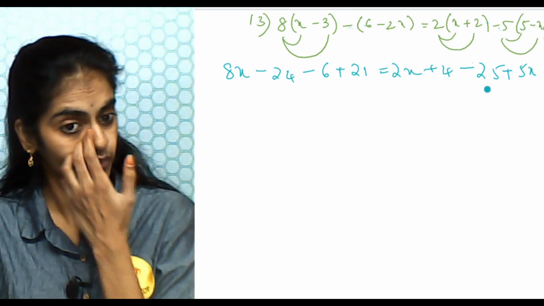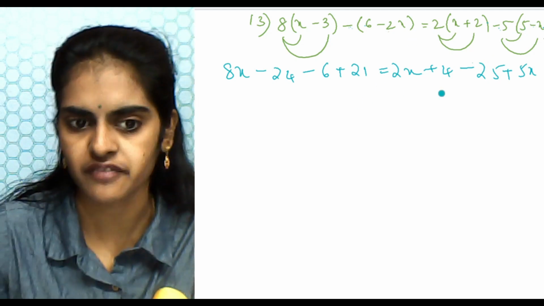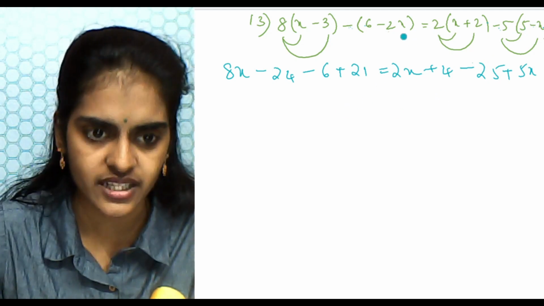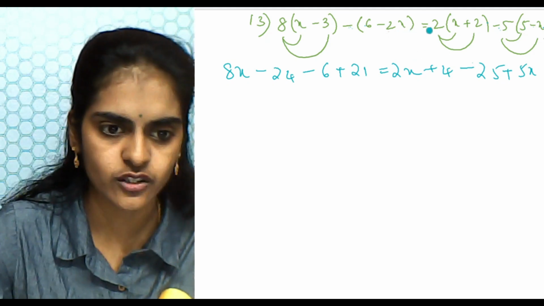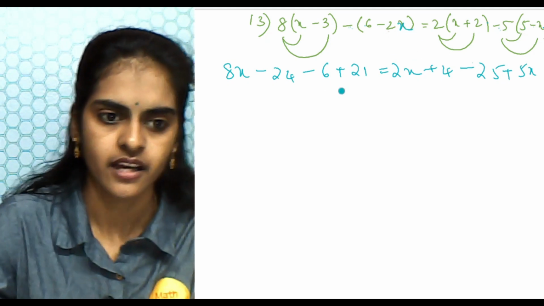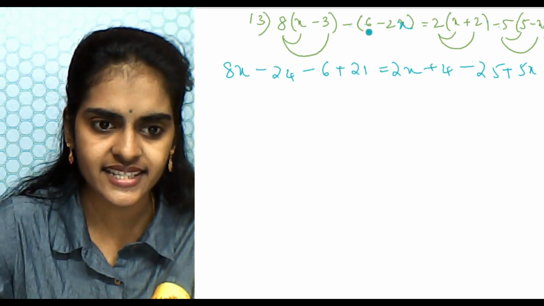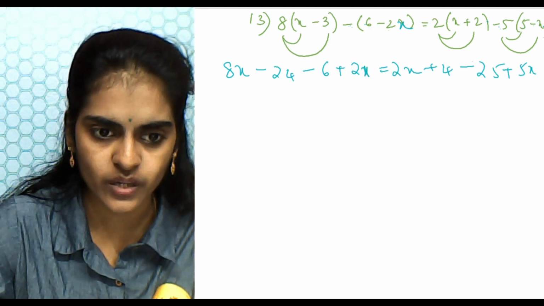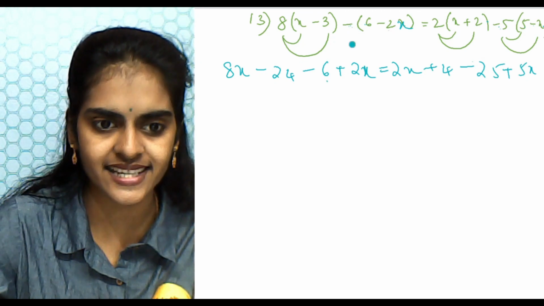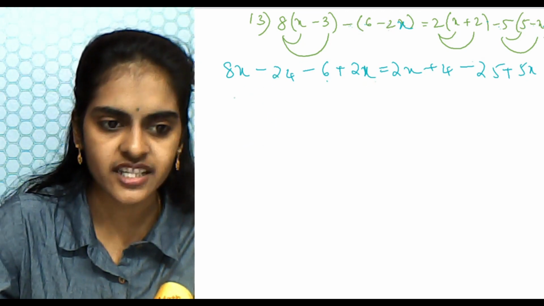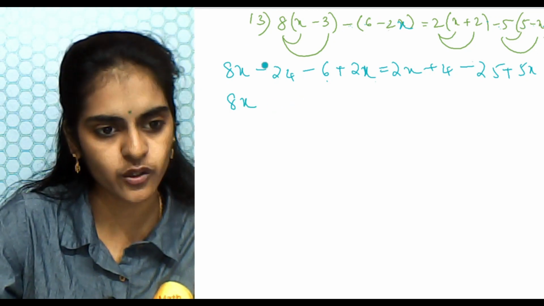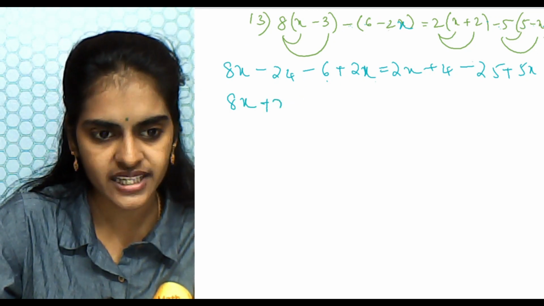Now simple, again you have to just solve. Now just see. So this is 6 minus 2x, so it becomes minus 6 minus into minus plus 2x. Right? So now let us bring all the variables to one side. You have 8x. Let me take this 2x here.